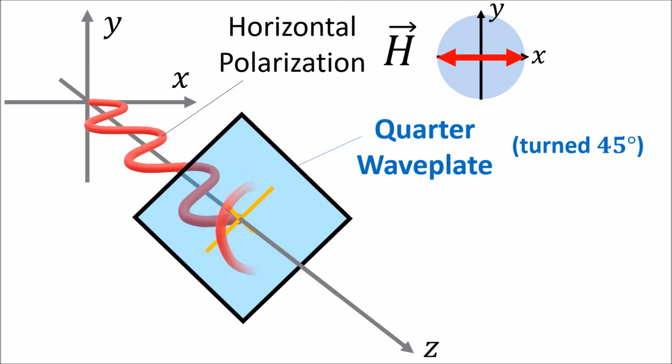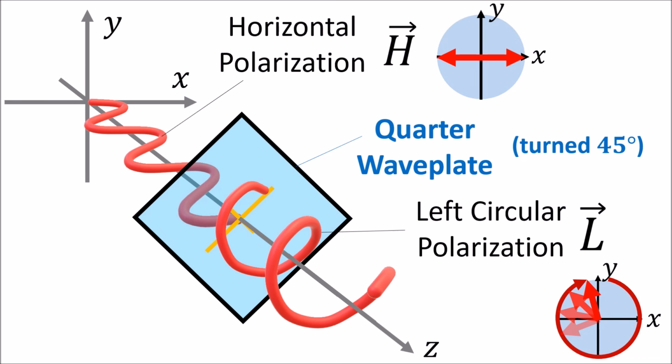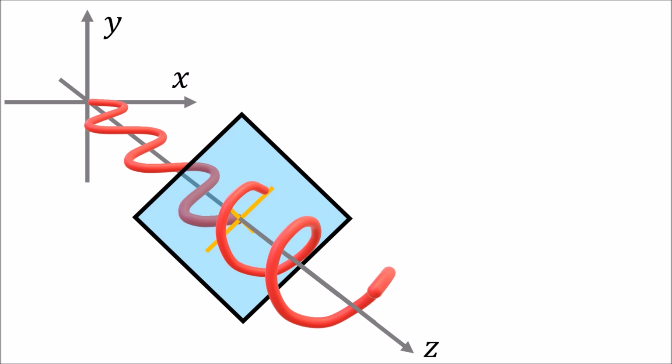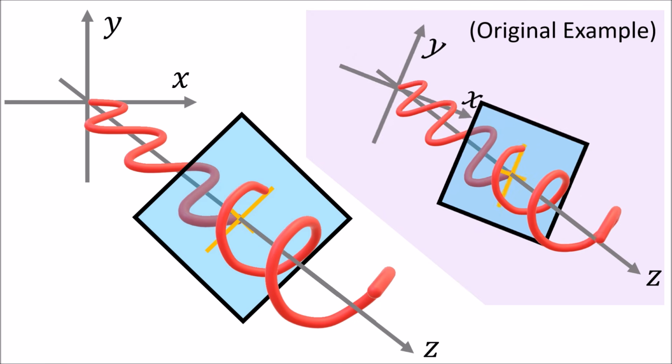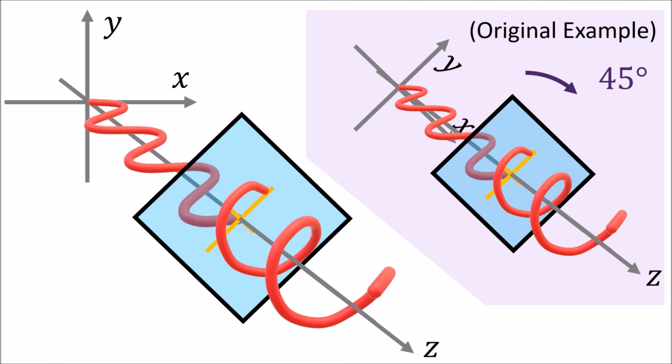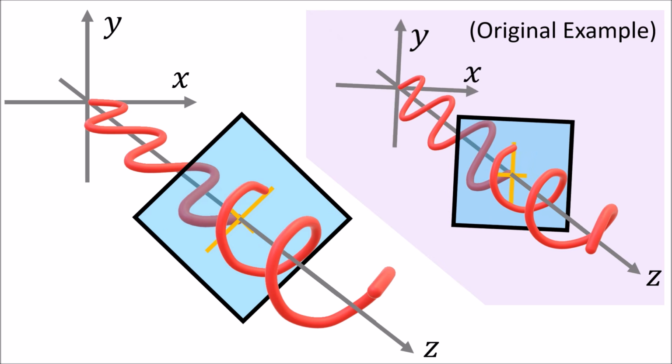In this case, the output wave is a left circularly polarized wave, L. This isn't surprising if you think about it, because the setup we have here is the exact same setup as our previous example, but with everything rotated in space by 45 degrees. The physics is the same, we're just viewing it from a different angle.